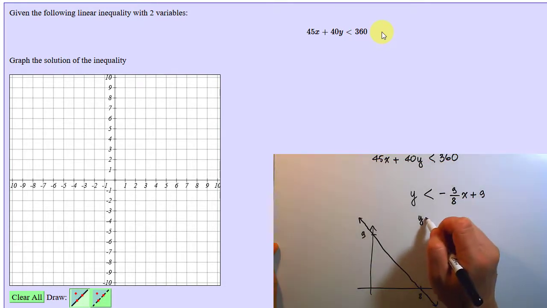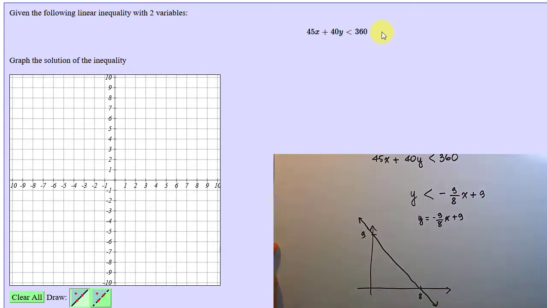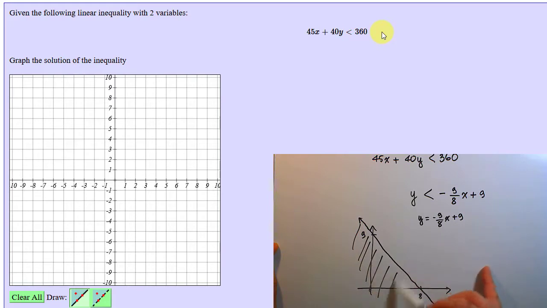If this was y equals negative 9 over 8x plus 9, this line is the graph for that. However, our inequality has the strict inequality being less than. So we're going to be shading below the line. And once again, I believe that you have seen how your instructor taught you how to do this.